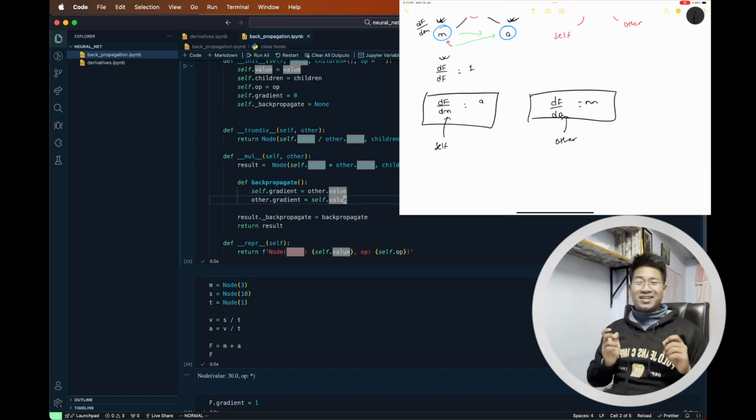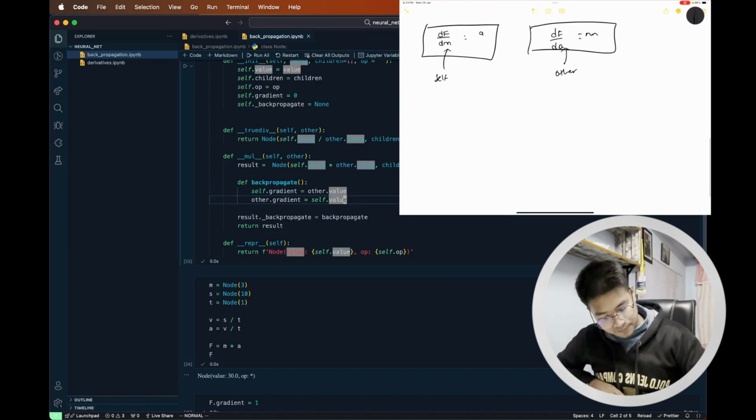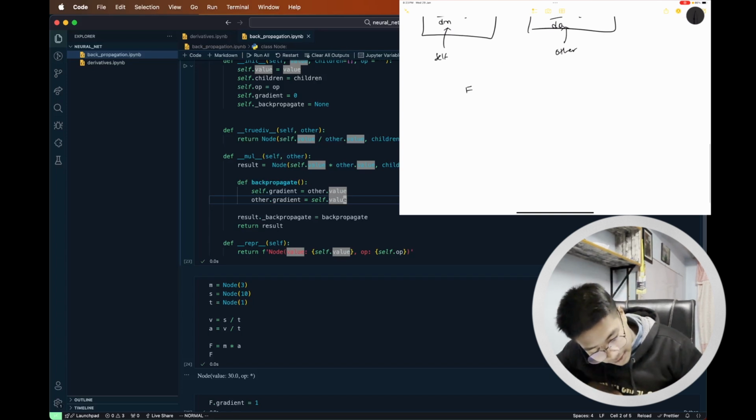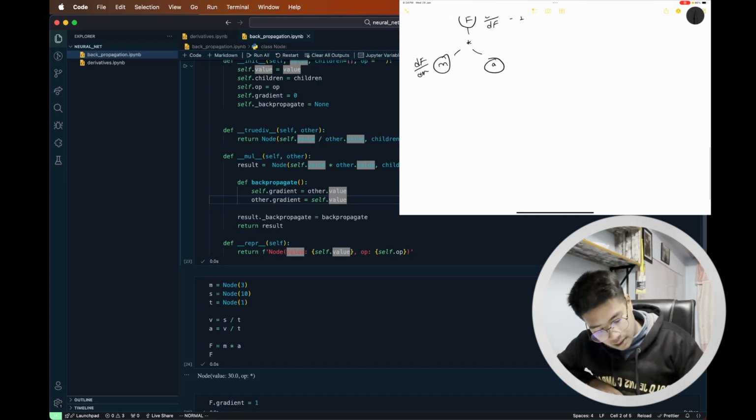So here's something very, very important we need to understand. When we are looking at this node f, multiplied, df by df is 1, and df by dm would be a.